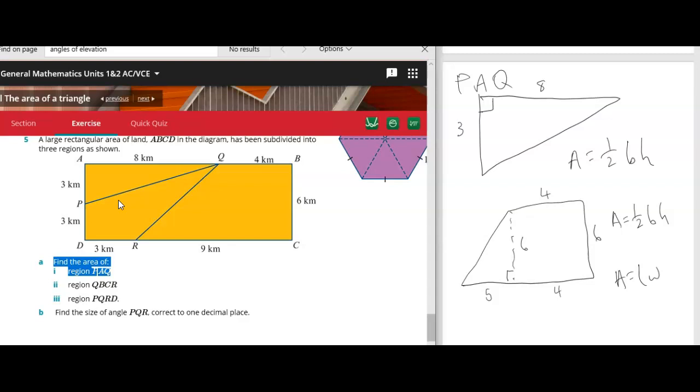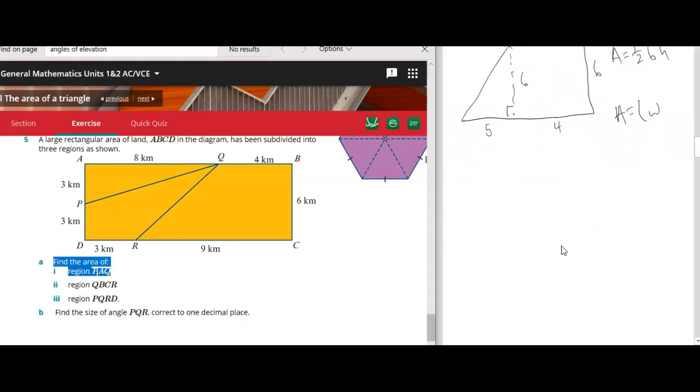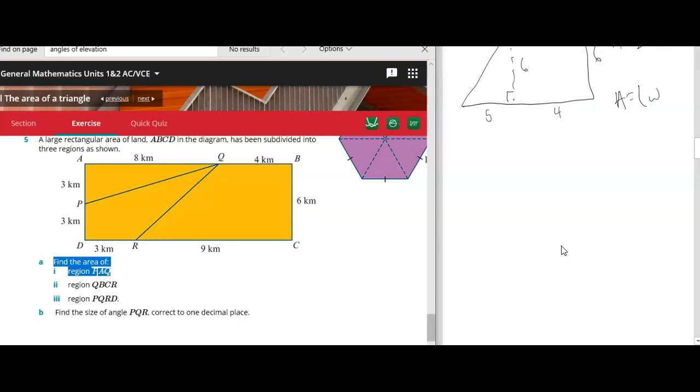Okay, so this weird looking shape here, kind of like a kite, but it's not. Oh, is it? No, I can't assume that these sides are the same length. Okay, so let's just draw this. I think that's the best diagram I've drawn all day. Okay, so that's 3.